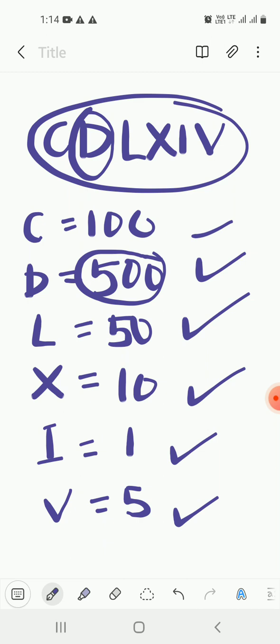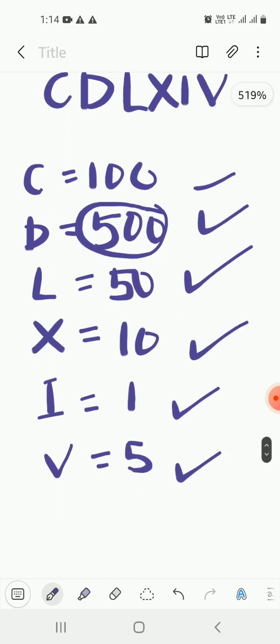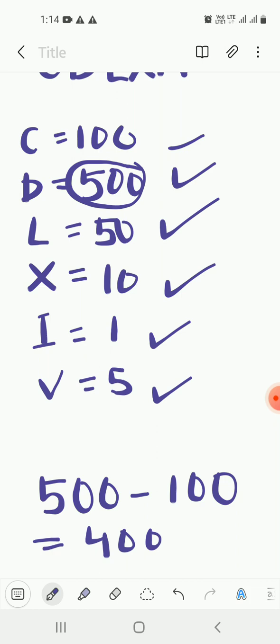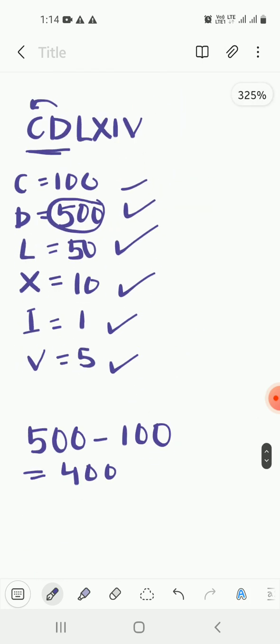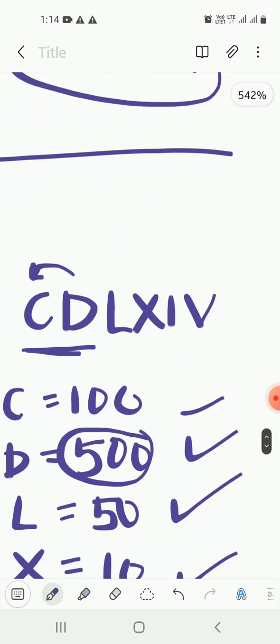So as I told you, the first rule, whatever is written to the left of the biggest number, that is deducted from it. So because C is written to the left of D, over here, we are going to deduct 100 from it. So 500 minus 100, we get 400. So this is basically CD. CD means 400. Then what is written to the right of D, that will be added with it.